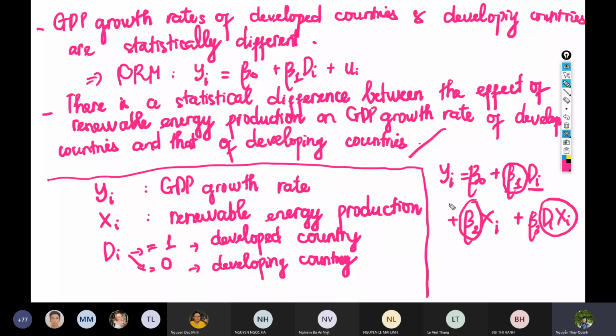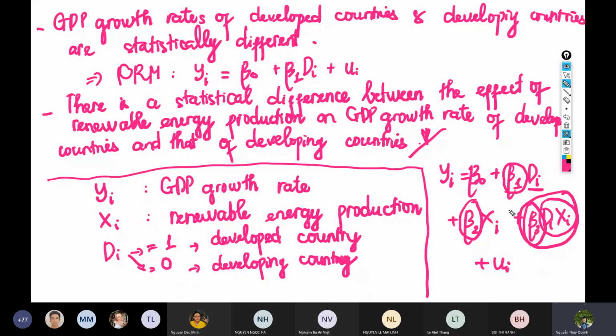And this one will help us to test for the difference in the effect of renewable production X on Y for developed countries and developing countries. So if we want to test this hypothesis, you must have this interaction term in your model. So this will be our model, the model that can help us to test for this hypothesis.